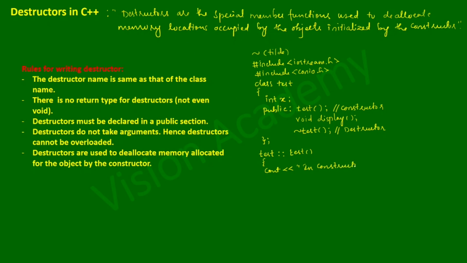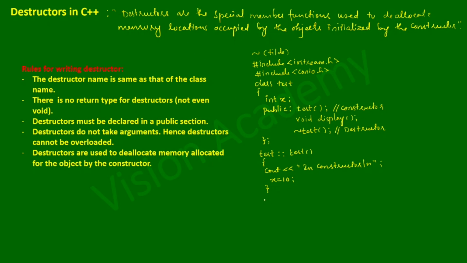So what is the definition of constructor? Constructor is a special member function which is used to initialize data member of the class. So here you can say x is the data member of the class. Here I'm going to write x is equal to 10, for example. Next, curly closing brace.